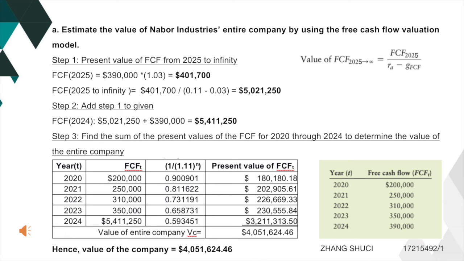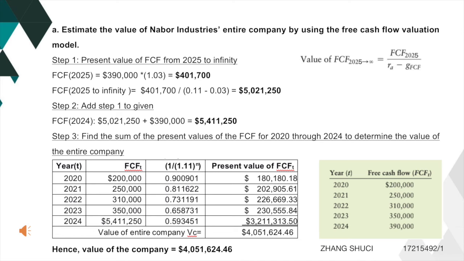Then we put this result into the formula to get the free cash flow from 2025 to infinity, which is 5,250,250. Then we add the step 1 result to the given free cash flow for 2024, and we get the total free cash flow for 2024, which is 5,411,250.